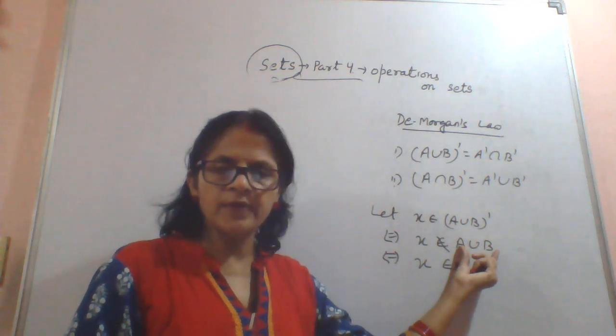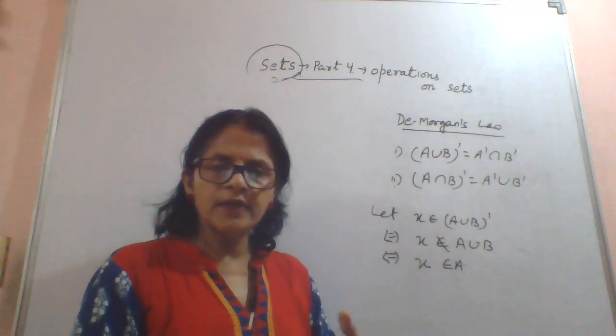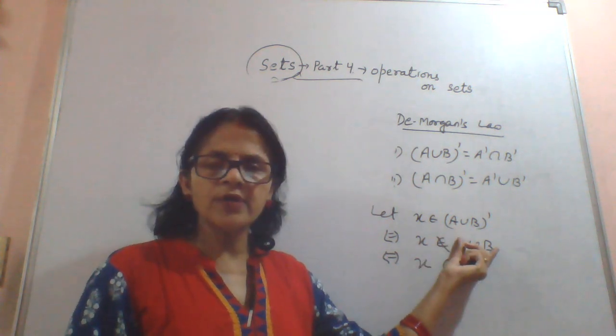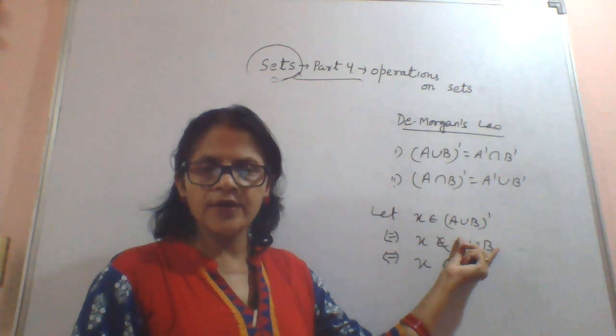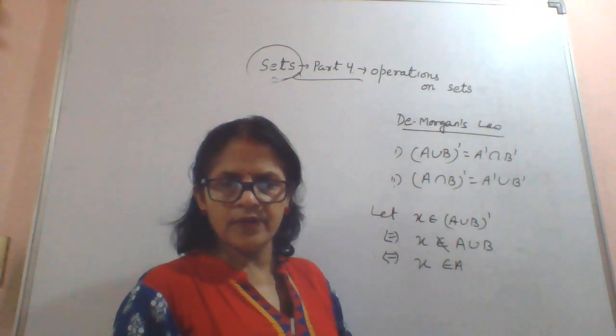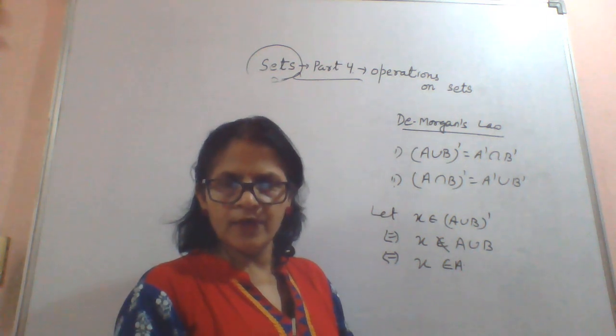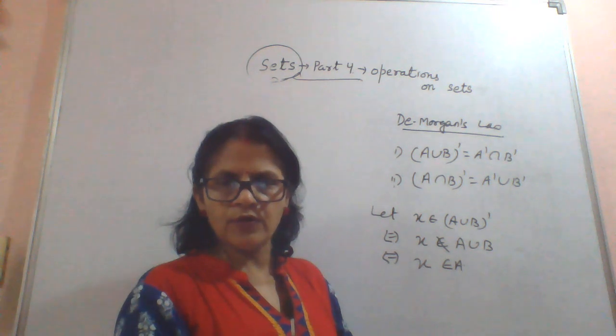A union B means either in A or in B. So whenever it is not in A union B, it is neither in A nor in B. Neither in A nor in B means it is not in A and not in B, not in both.